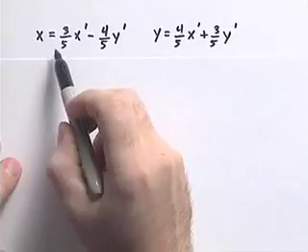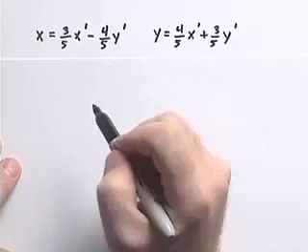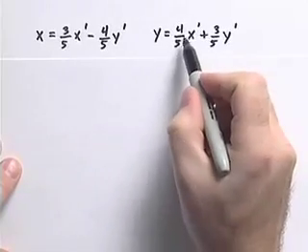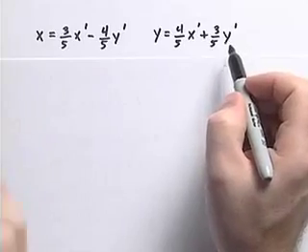Now with these values, we can obtain our rotation formulas. We get that x is equal to 3/5 x prime minus 4/5 y prime. y is equal to 4/5 x prime plus 3/5 y prime.